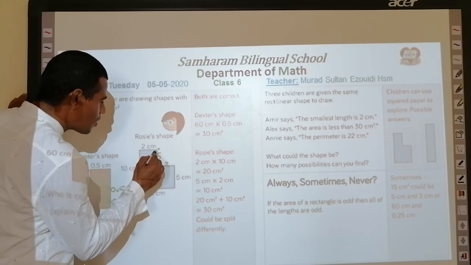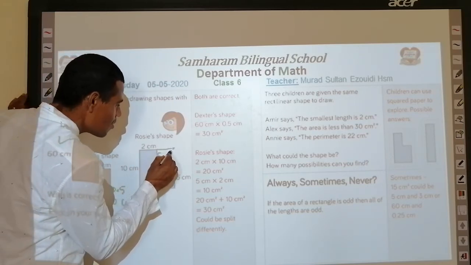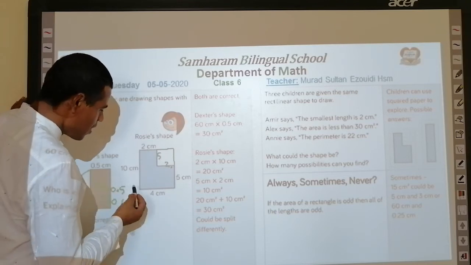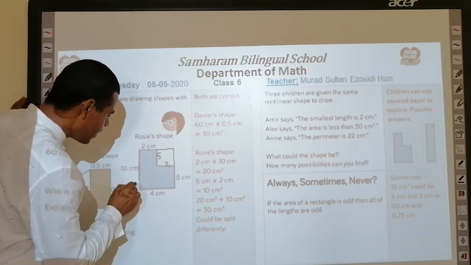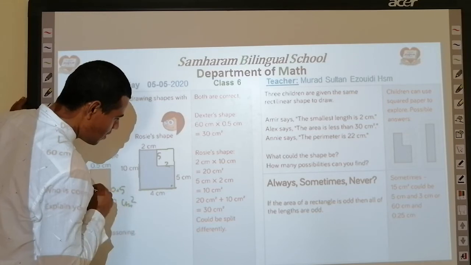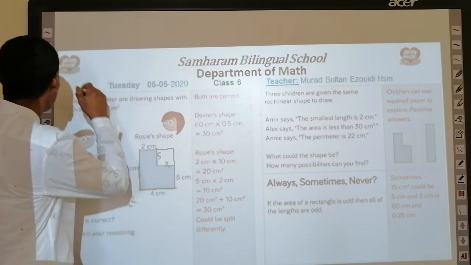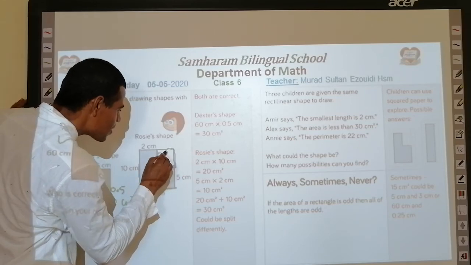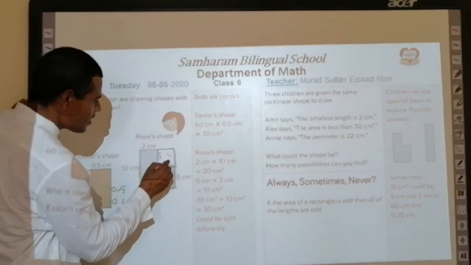Okay, I will consider, let's say, a full rectangle. I will multiply 10 by 4, then I will subtract 5 by 2. I will subtract this. This one is cancelled.